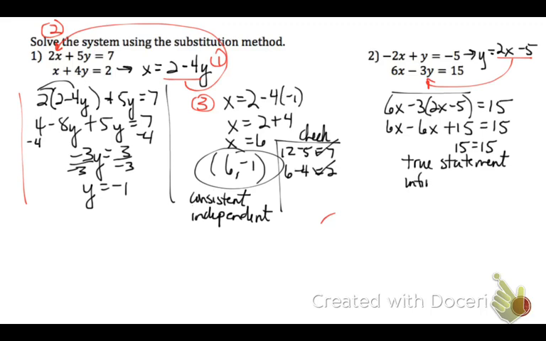So if we were to graph these two equations, they would graph as the same line. So this is algebraically how we know when we have a system with infinitely many solutions. You end up where one number equals a number, and it's a true statement. They do indeed equal.